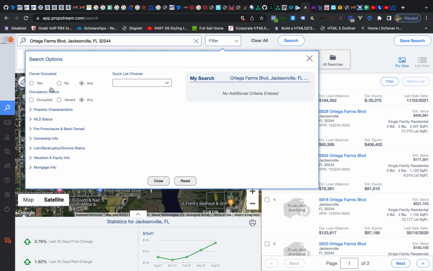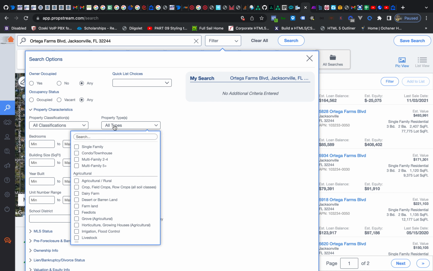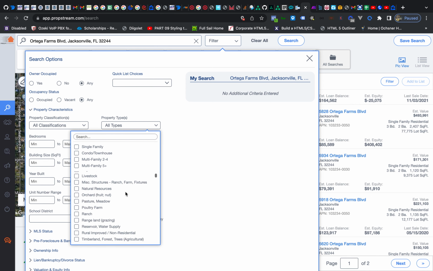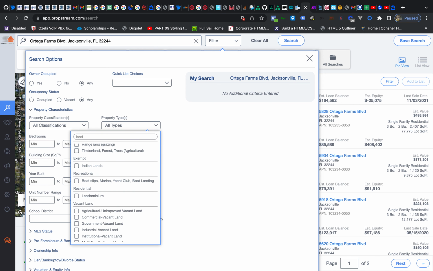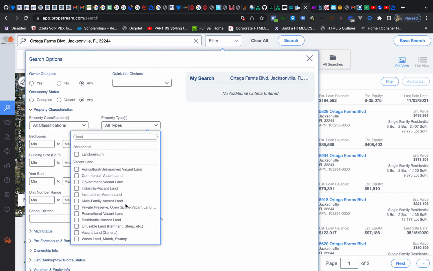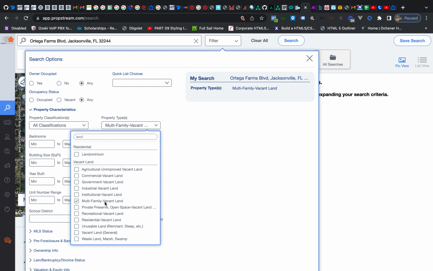We're gonna look at property characteristic rule, and I'll put it as, yeah, it's a multifamily vacant land, or vacant land or residential vacant land.